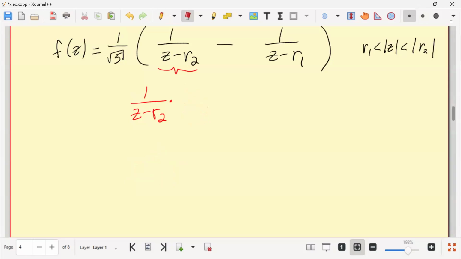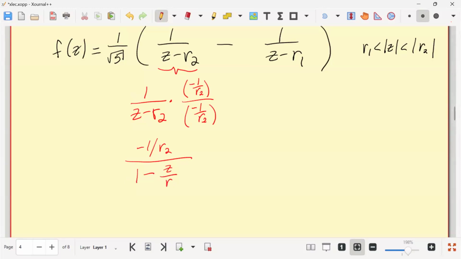I want to make that thing less than 1, so it's a geometric series. So this is one I should do like I did previously. And it'd be a power series, same as before. I get minus 1 over R2 on top, and here I'd get 1 minus z over R2.